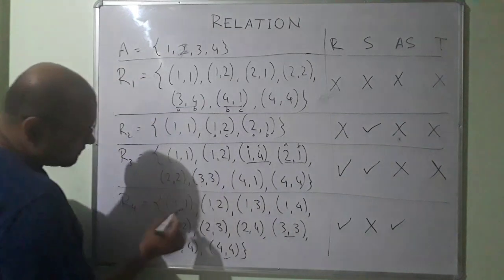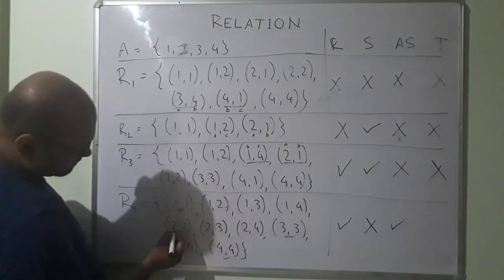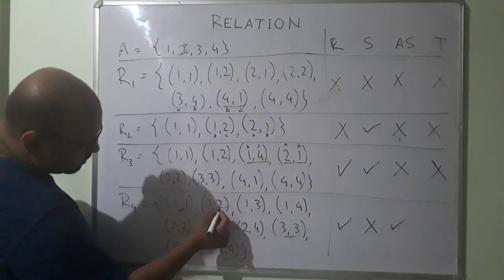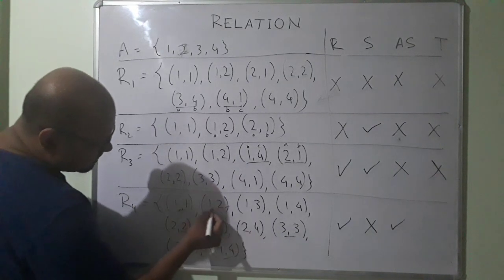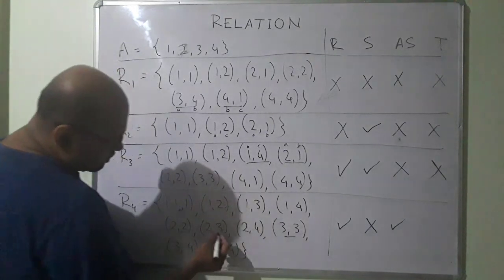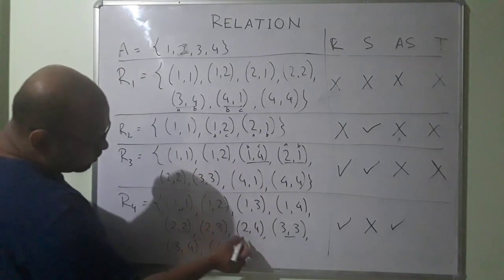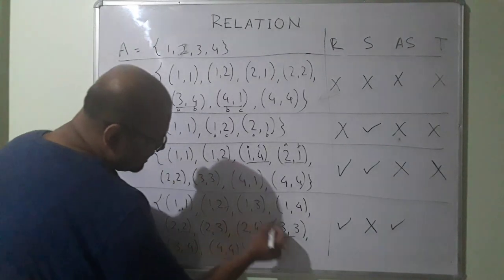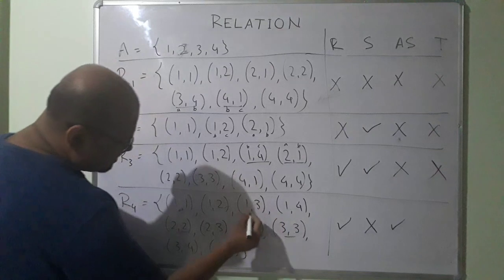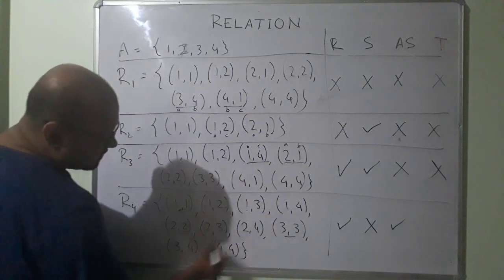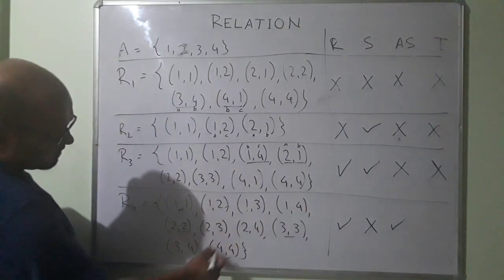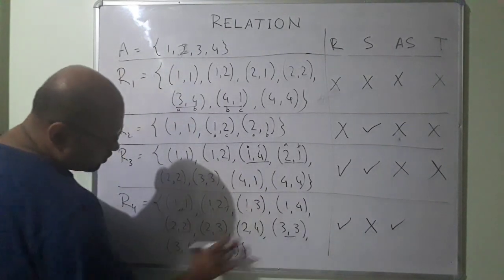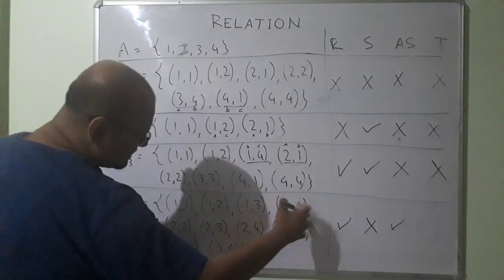So yeah, don't worry. (1,2) is there, then (2,2): (1,2) is there. (1,2), then (2,3): (1,3) is there. (1,2) and (2,4): (1,4) is there. Then (1,3), check with (3,3): (1,3) is there. (1,3) and (3,4): (1,4) is there. Okay, so 3 is done. (1,4), let us check with (1,4) and (4,4): (1,4) is there.